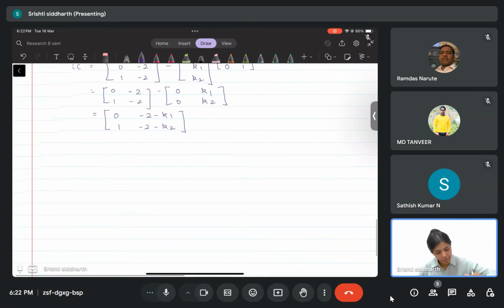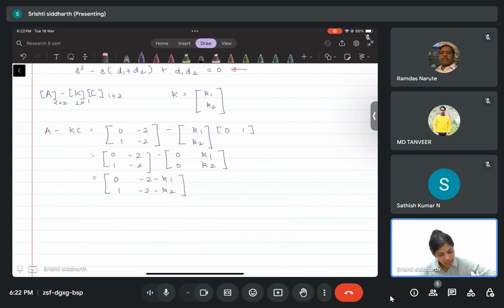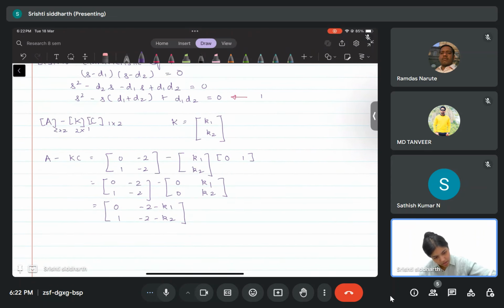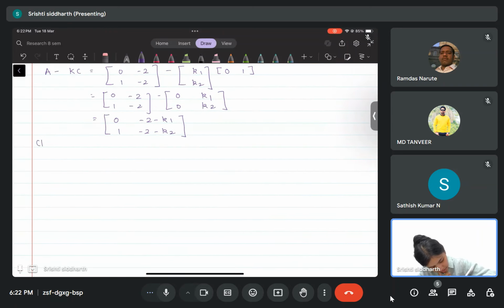Right. Now we want the desired eigenvalues of this matrix A minus Kc to be the same as this characteristic equation. So let's form the characteristic equation of A minus Kc.